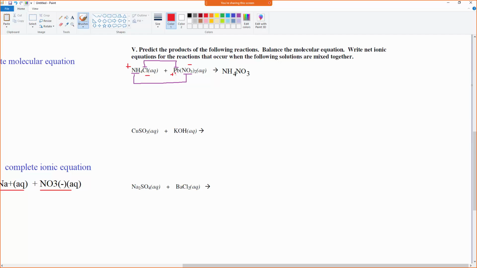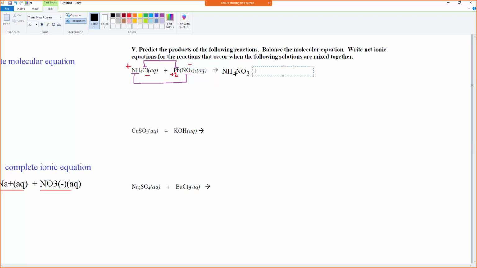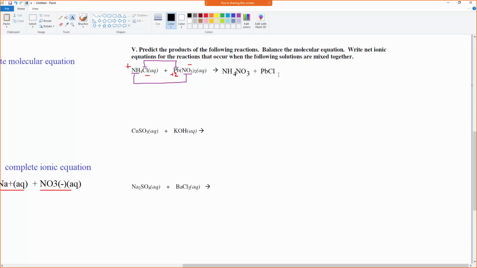That tells us the charge on lead is +2. So if the charge on lead is +2 and the charge on chlorine is -1, Nicole got it. We're going to need a formula of Pb with 2 chlorines to make that work. Everybody agree?